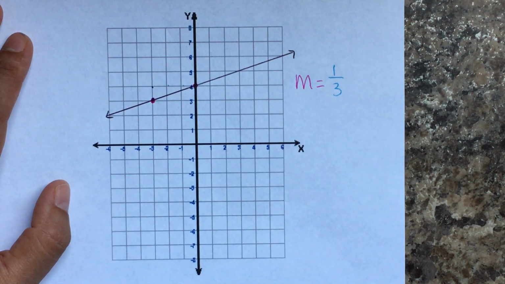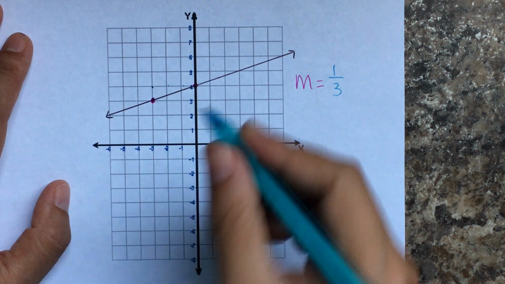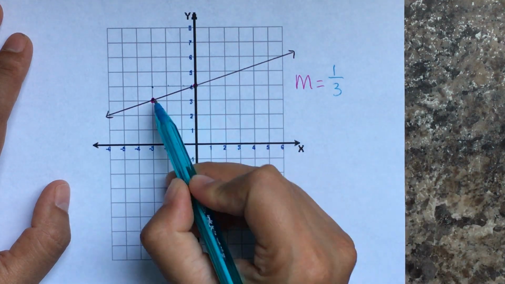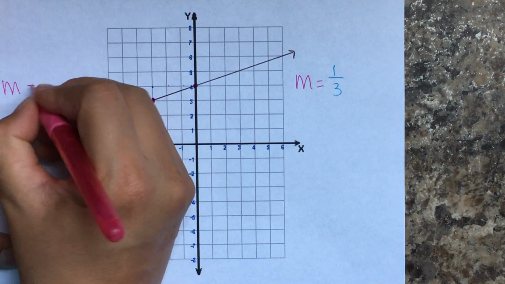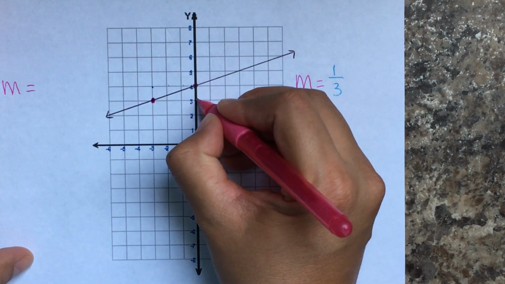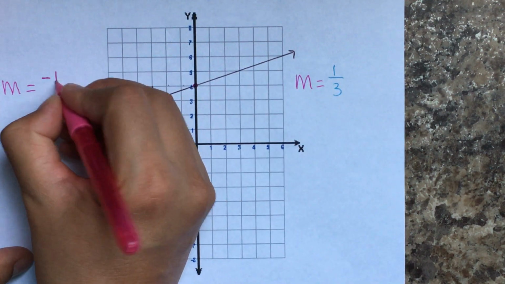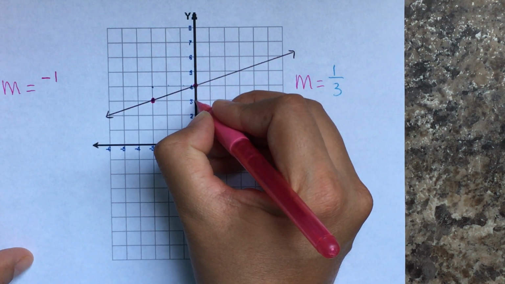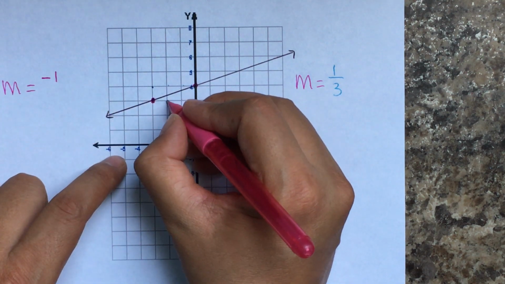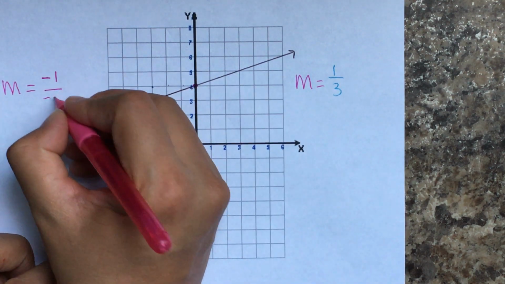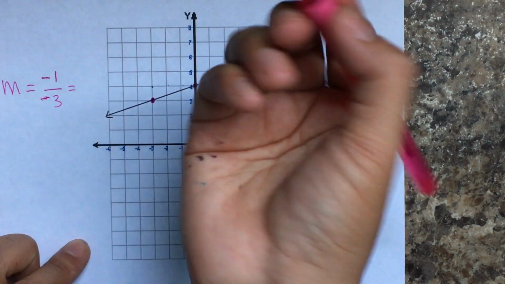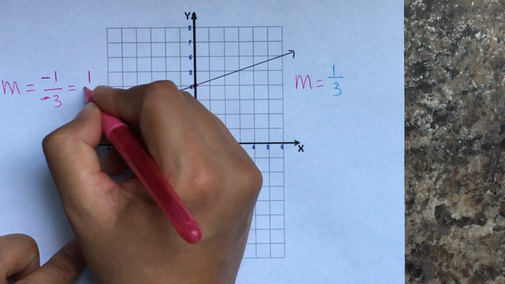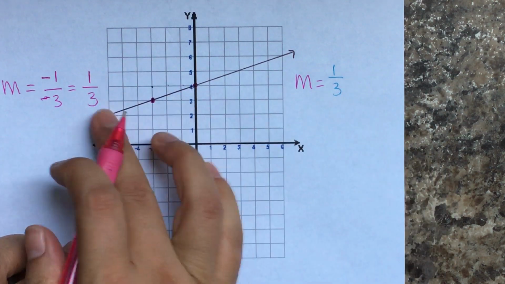Let me see. I wanted to do it. What if I did it backwards? What if I counted from here to here? So I'm going to do it. If you go down, it's going to be negative 1, right? Negative 1. And then to the left is negative 1, negative 2, negative 3. It's over negative 3. When you have negative divided by negative, it's still going to be positive 1/3. So you're going to get the same answer.